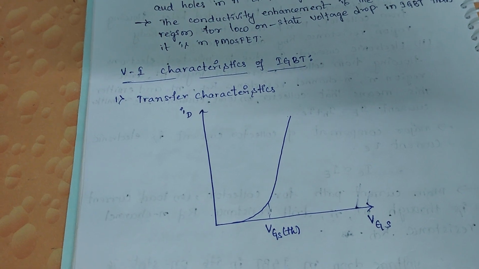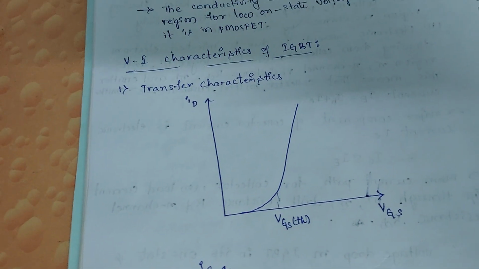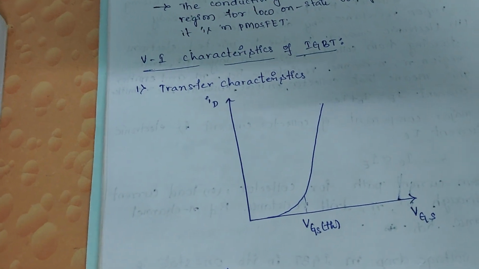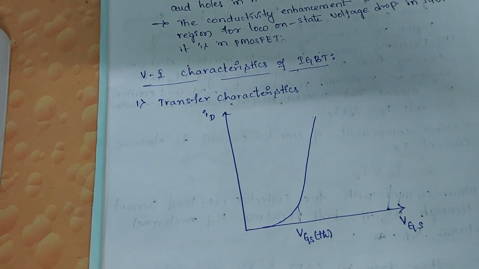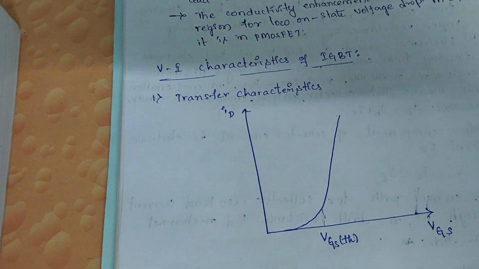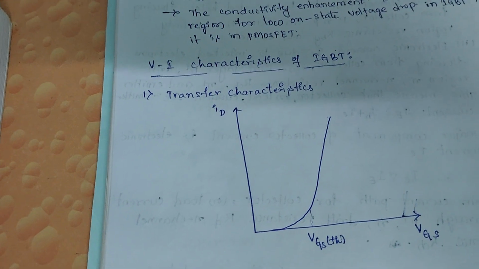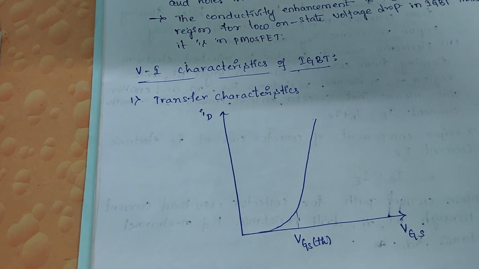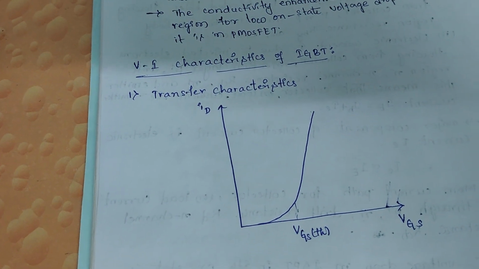At that time, the IGBT operates in the off state. Now it is very clear from these characteristics that the drain to source breakdown voltage must be greater than the threshold element to keep away from device breakdown.